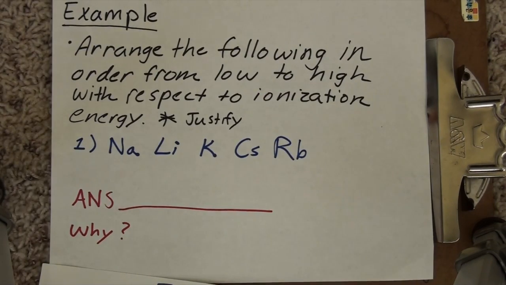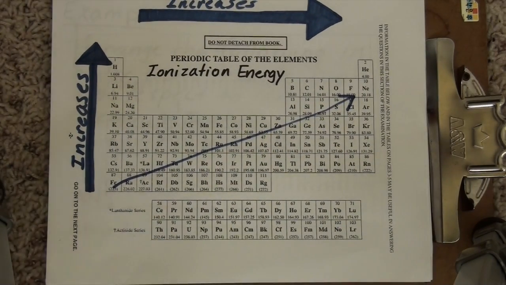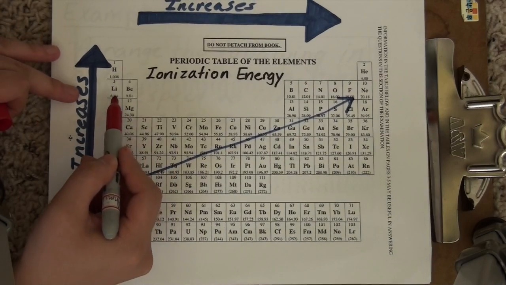Looking at a practice problem: arrange the following in order from low to high with respect to ionization energy, and justify the answer. We are given the elements sodium, lithium, potassium, cesium, and rubidium. If we look at them in the ionization energy periodic table trend, we see that they're all located in group 1.